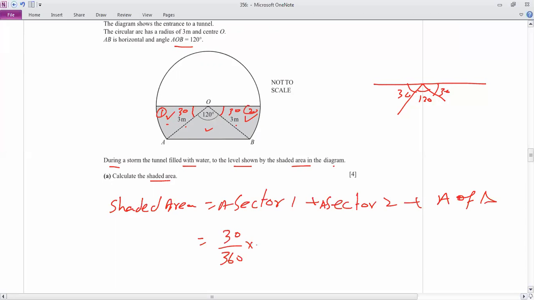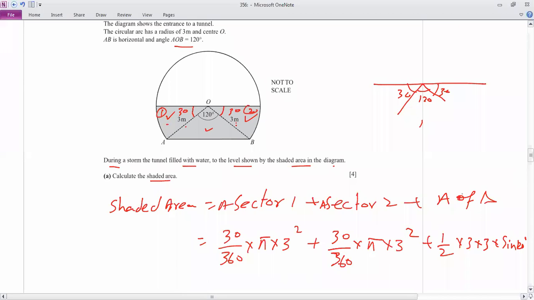Theta over 360 into pi r square, plus this one will be same, plus area of triangle. Now for the triangle you have the central angle and two sides, so 1 over 2 multiply the sides, 3 into 3 into sine of angle 120, and that's it. Do the calculation with your calculator, there will be no problem. Better do separate calculation and then add them. Okay, this will be the shaded area.